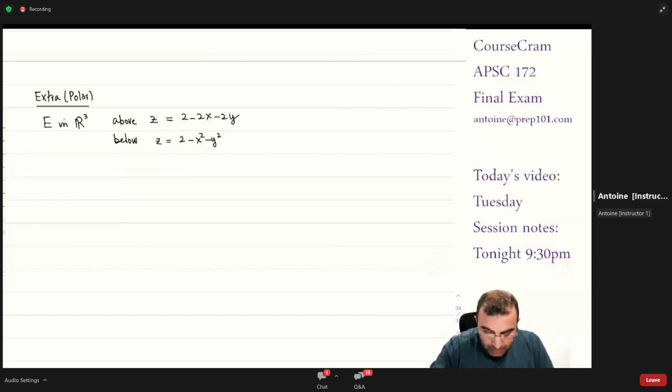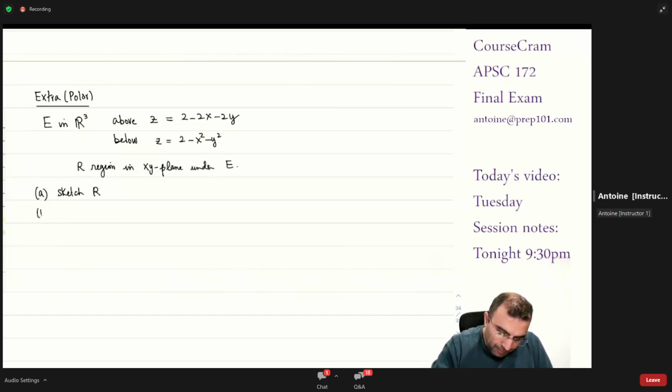And R is the region in the xy plane below E, under E. So part A is to sketch R. Part B, to write the integral for volume.